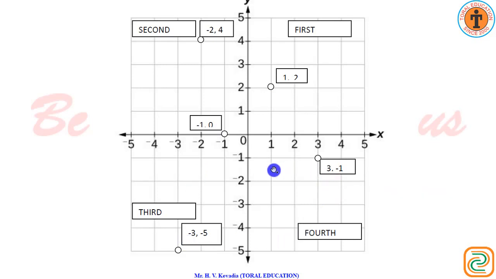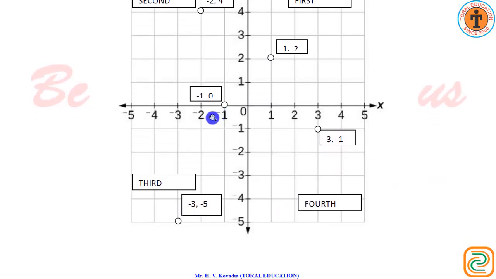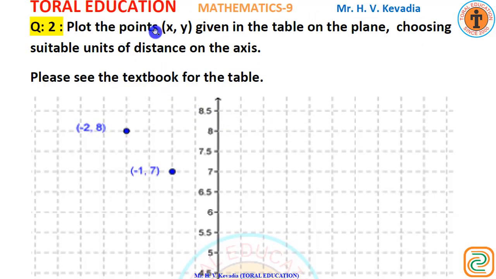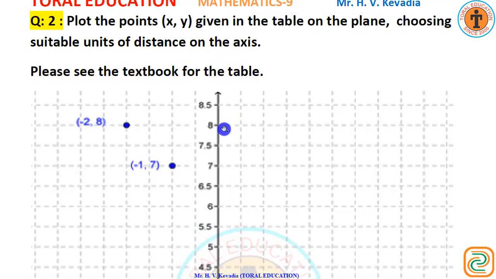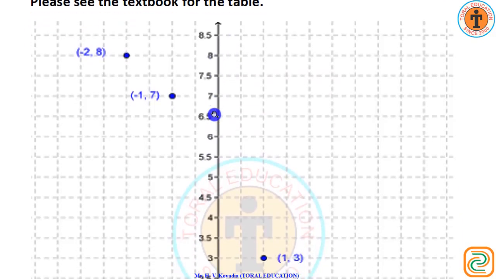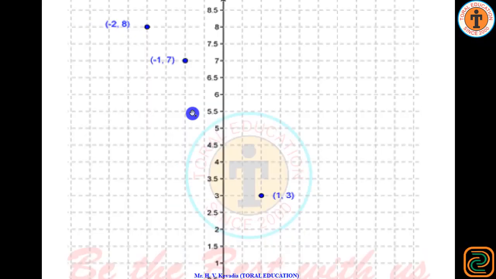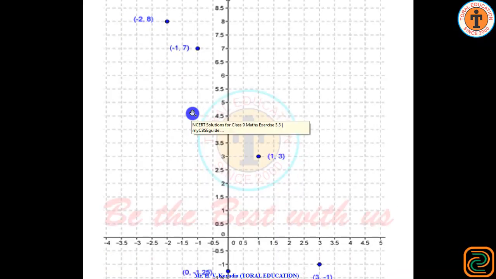Now another one: plot the points (x, y) given in the table on the plane, choosing suitable units of distance on the x-axis. I have chosen this on the x-axis, right? I will show you by doing a smaller one.